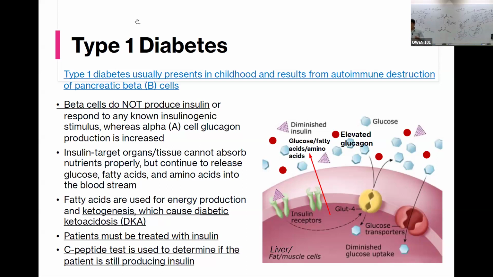That's why it usually occurs in children, if they develop autoimmune disease. The beta cells do not produce insulin anymore, so other drugs like secretagogues will not work in this case. So you need to give insulin to the patient.